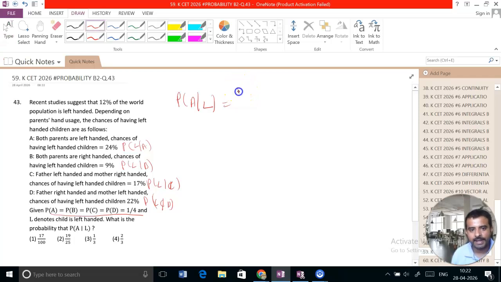Otherwise, by conditional probability, we can write it as probability of A intersection L divided by probability of L. Probability of A intersection L is probability of A into probability of left hand given A, and probability of L is probability of A, probability of L given A plus probability of B, probability of L given B, and so on for all the left-handed cases.